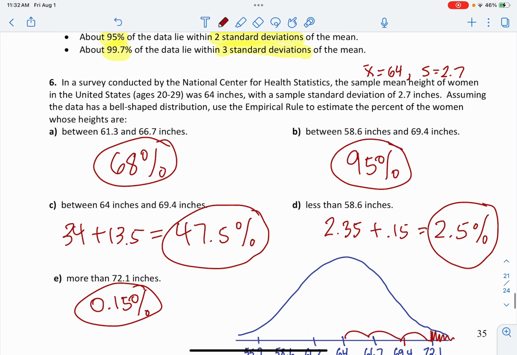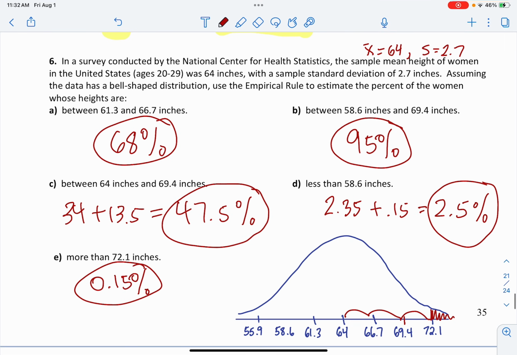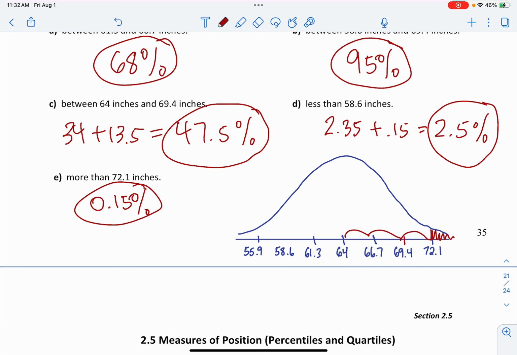One additional question that might be asked, instead of what percentage of women whose heights are, what if you had 500 women, how many of them would you expect to be more than 72 inches? So if 500 women, how many above 72.1?